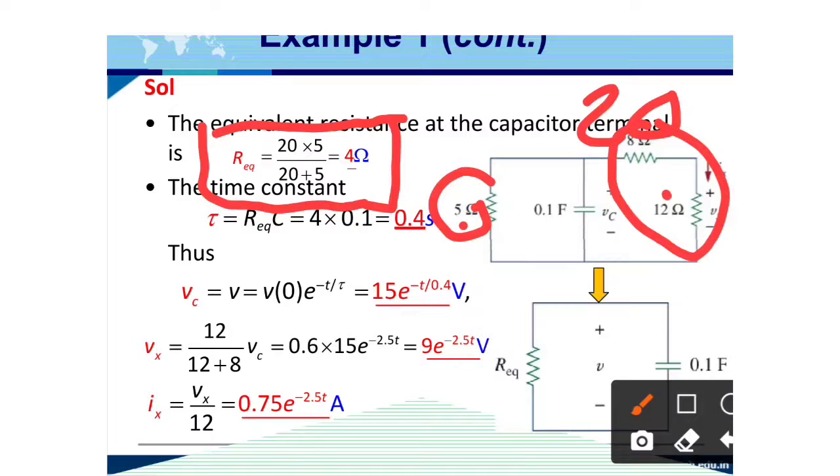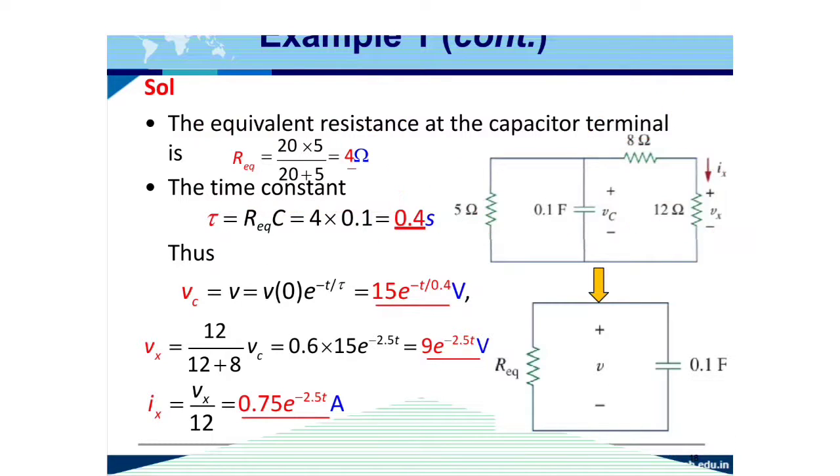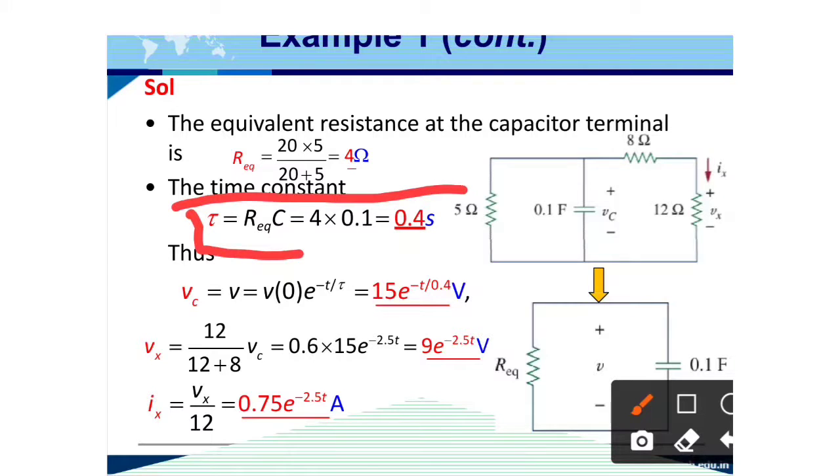Now the time constant T = R into C, but here we take the R equivalent. R equivalent is 4 and the capacitor is 0.1, so the time constant = 4 × 0.1 = 0.4 second.